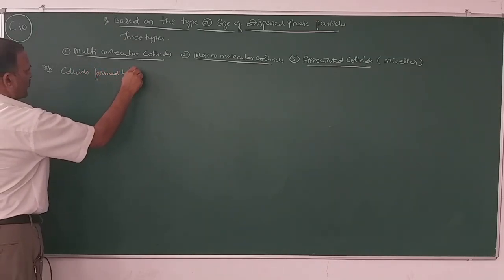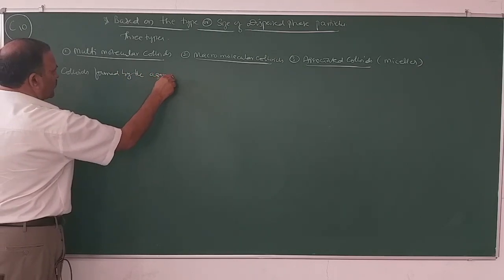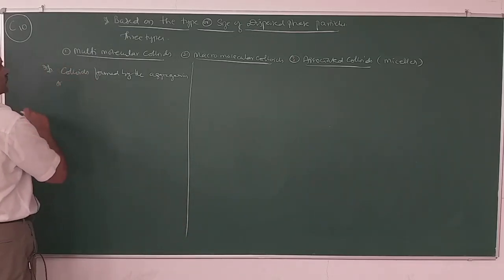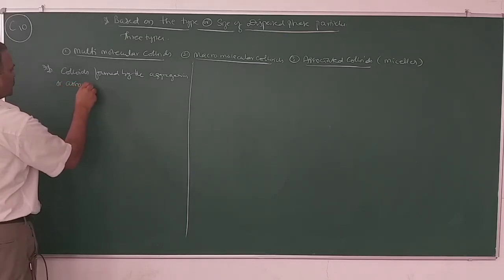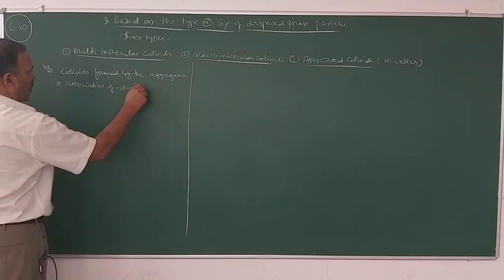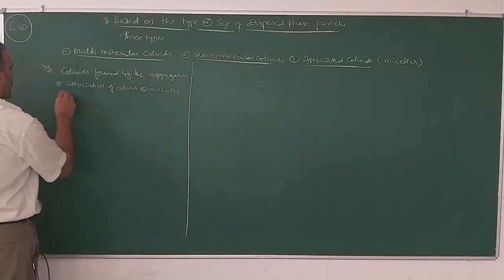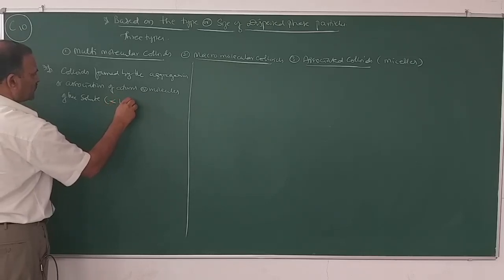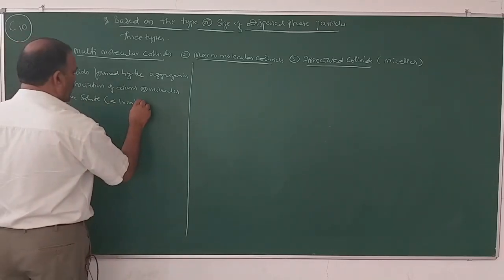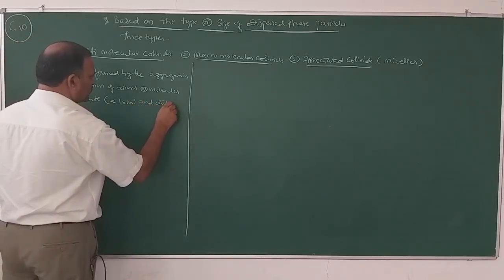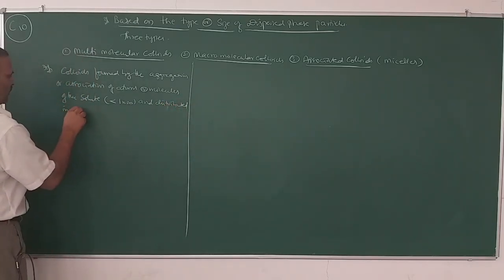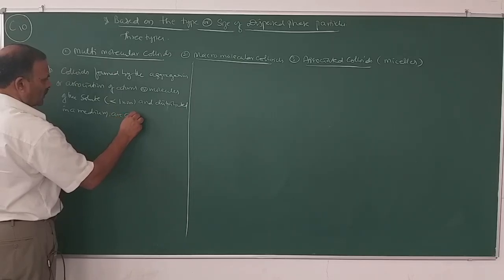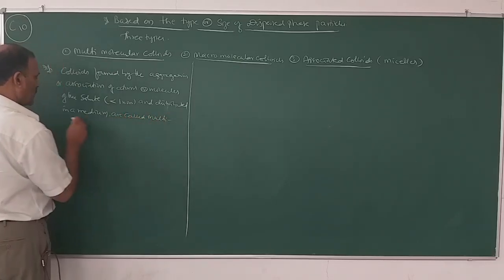Colloids formed by the aggregation or association of atoms or molecules of the solute whose size is less than 1 nanometer and distributed in a medium are called multimolecular colloids.